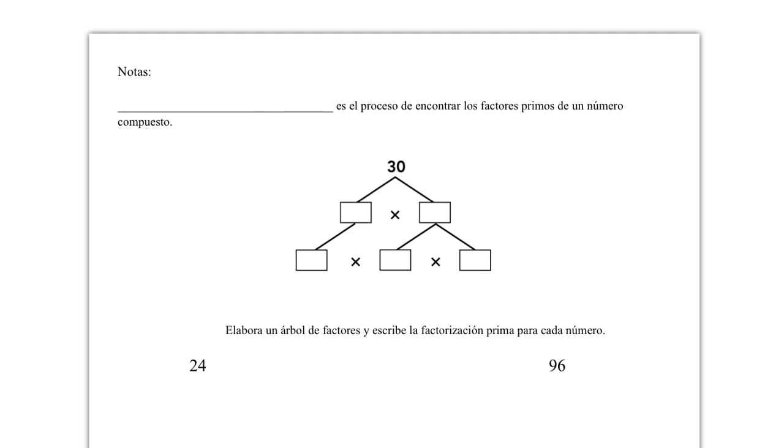Okay, so this is one part that I want to make sure that we understand. When we do our prime factorization, again, this is all in Spanish, the worksheet or notes are in Spanish, but just remember the keywords. So prime factorization. We have this example here.